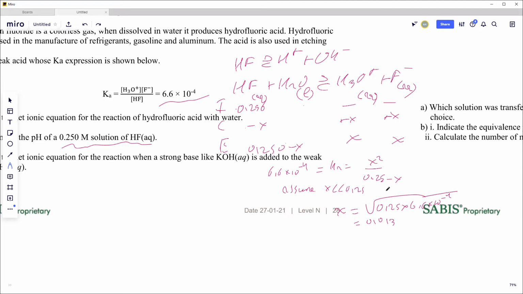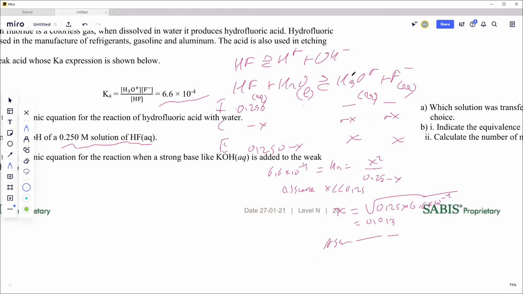So it is indeed smaller than 10% of this. Our x is smaller than this, so our assumption is valid. You actually don't need to say more, just write: assumption valid. And anyways, you continue.